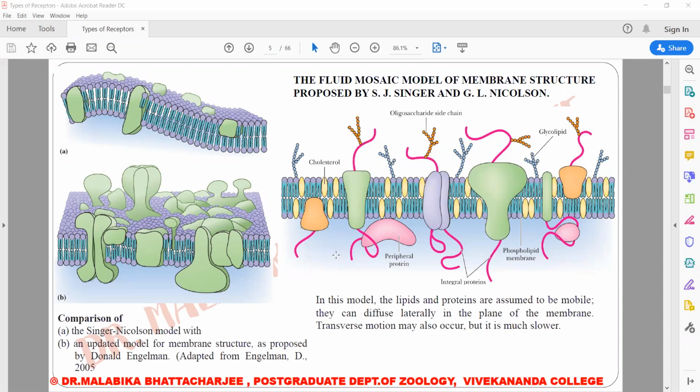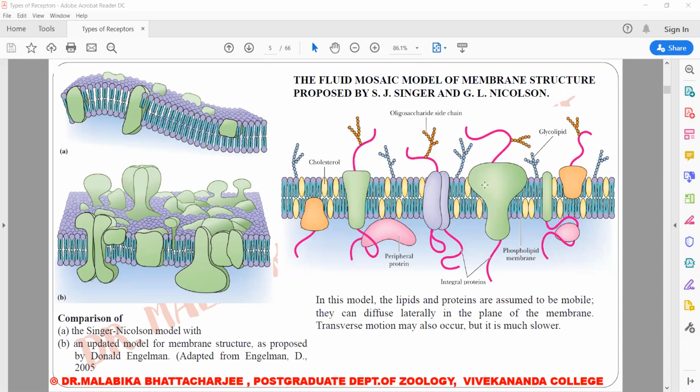The tails, the pink tails you can see, are either the amino terminal tails or the carboxy terminal tails. For example, for this protein, this is the amino tail and this is the carboxy terminal tail. The integral proteins can form membrane channels, or they can give membrane integrity.